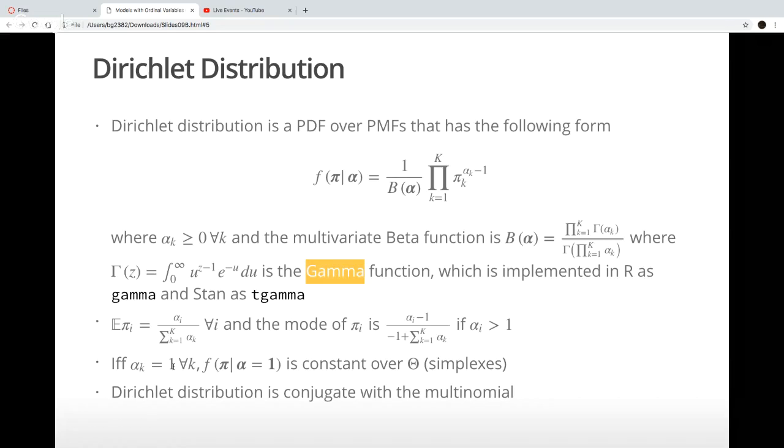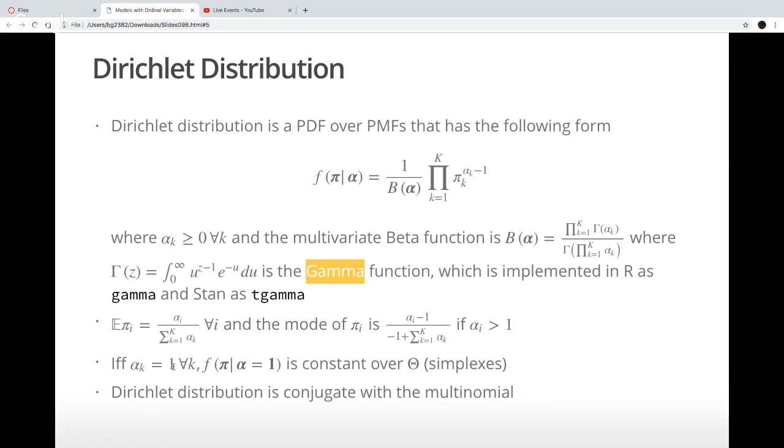Since the Dirichlet distribution is a generalization of the beta, it's not surprising at all that it's a conjugate prior for a multinomial likelihood, in much the same way that when k equals 2, the beta distribution is conjugate with a binomial likelihood.